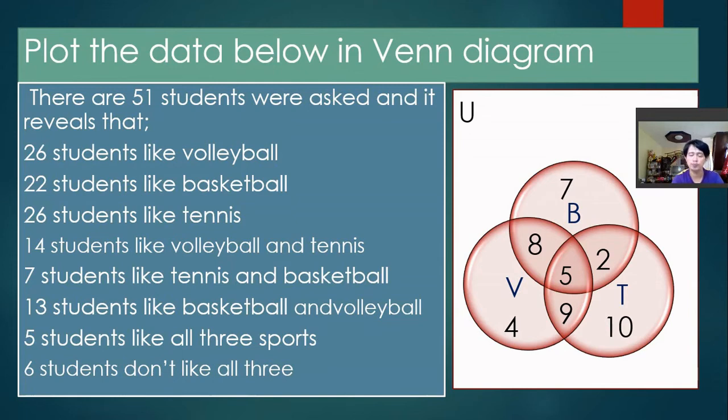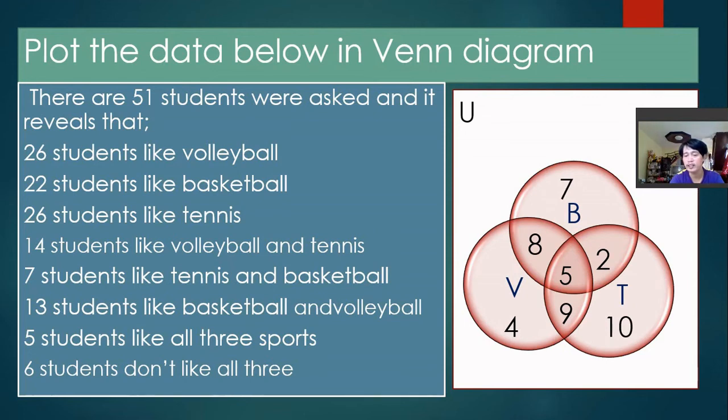We have solved the volleyball, the basketball, and the tennis. Now, if we add up all of these numbers, could they sum up to 51? For the basketball, we have 7 plus 8 plus 5 plus 2: 7 plus 8 is 15, plus 5 is 20, plus 2 is 22.